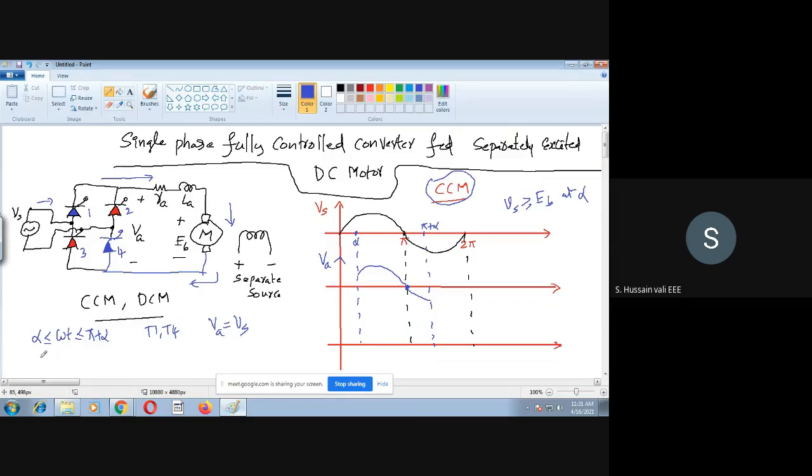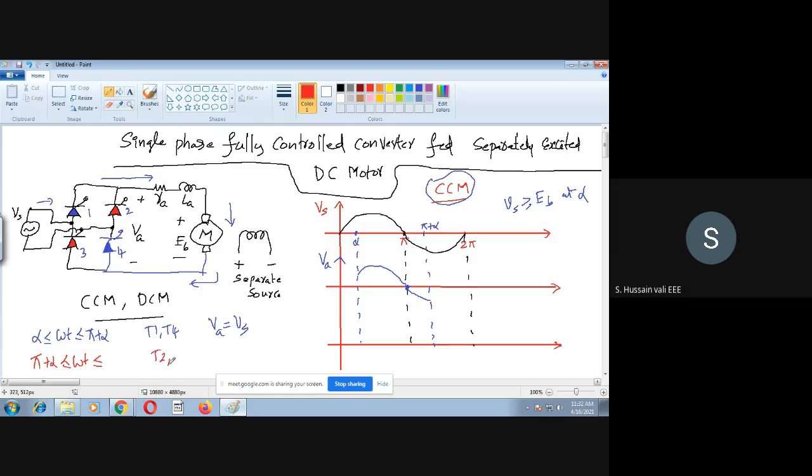Now the next mode is from pi plus alpha, less than or equal to omega t, we will put the limit here and add that later.